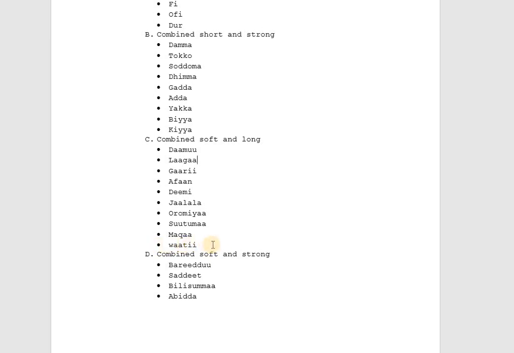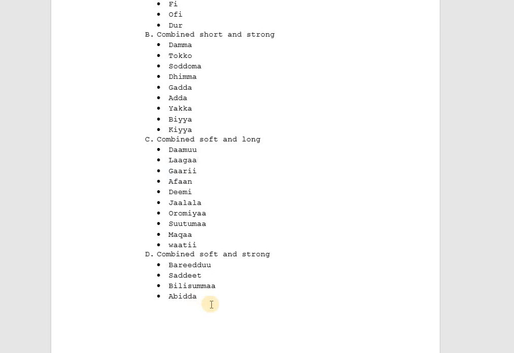In this list of words, all of them are soft and long combined. You can have multiple combinations. These are only two and three sound words, but we can have four and five sound words as well.